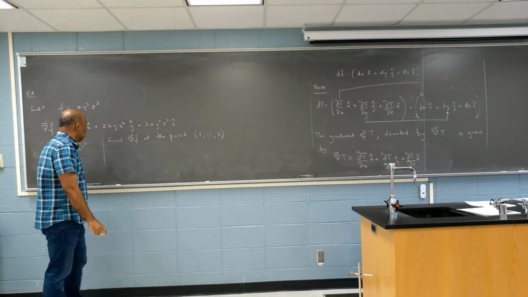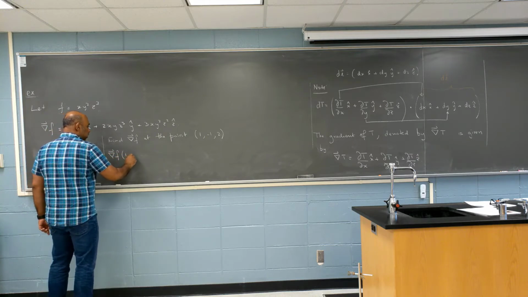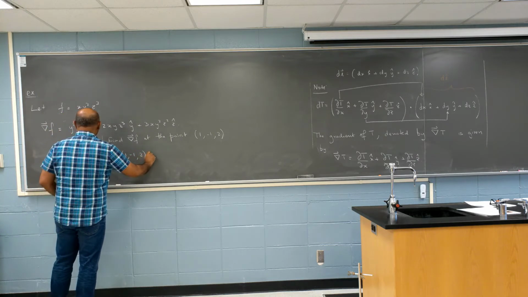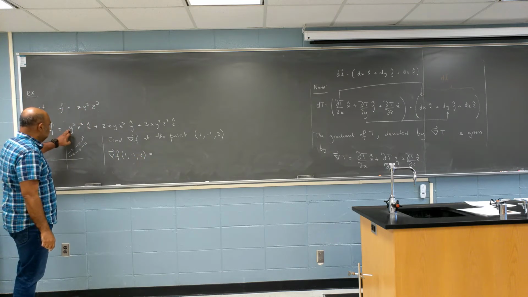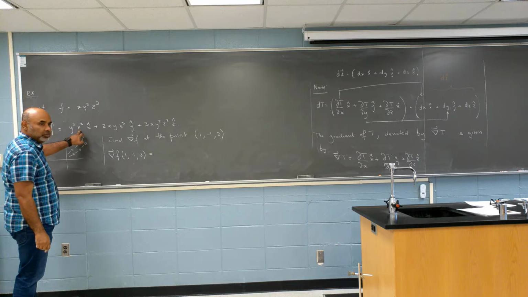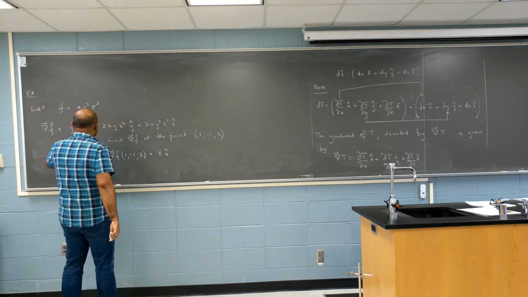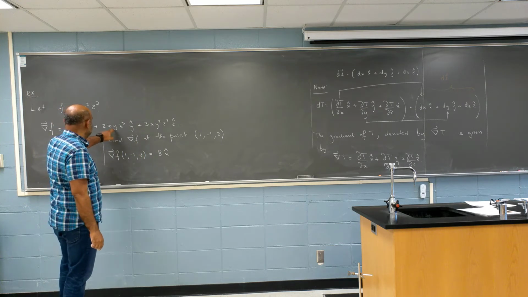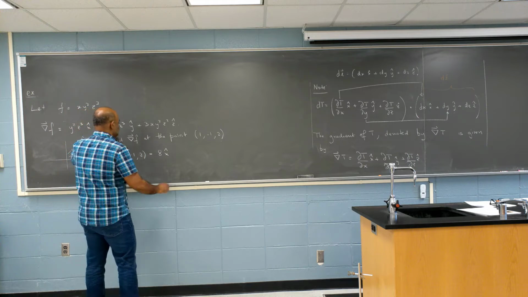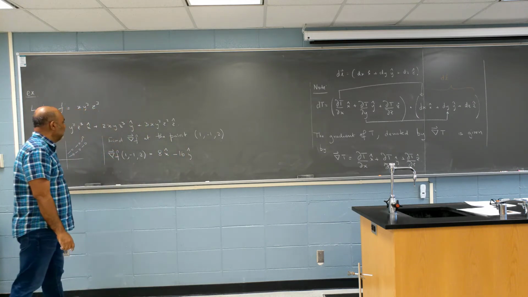So the gradient of f at the point 1, minus 1, 2, well, you tell me what it is. This is 1, and this is 2. So it's 2 cubed. And then I have minus 60 y hat. Is that correct?